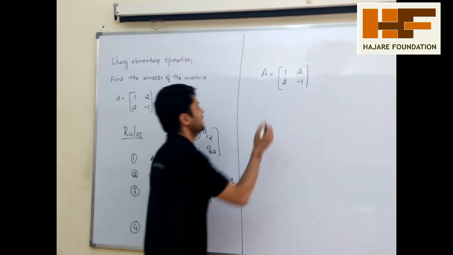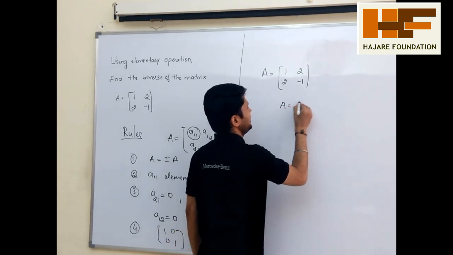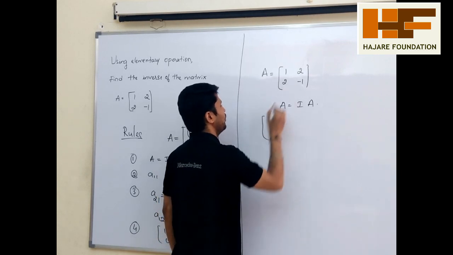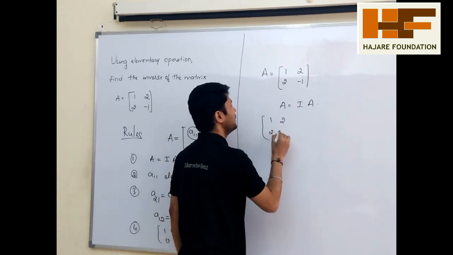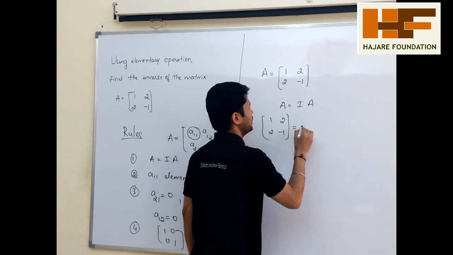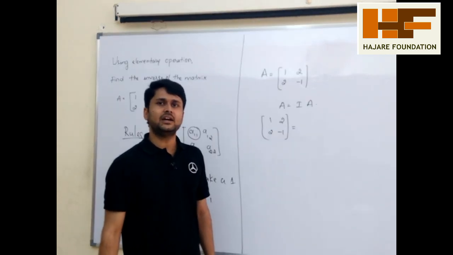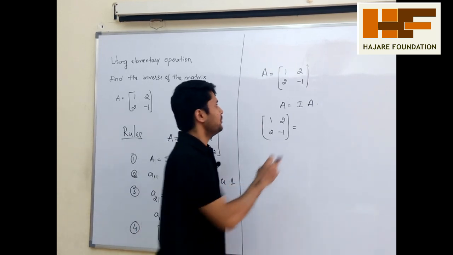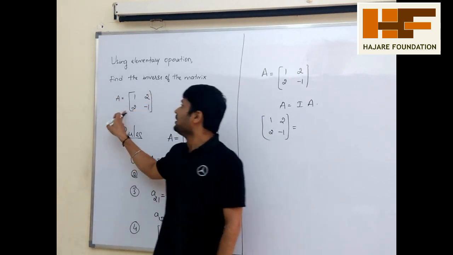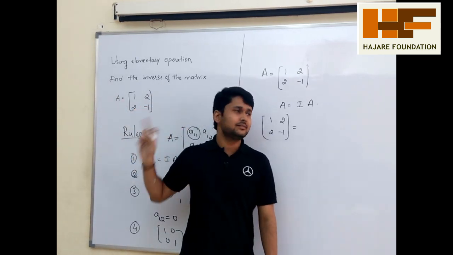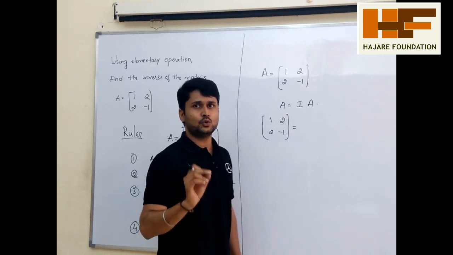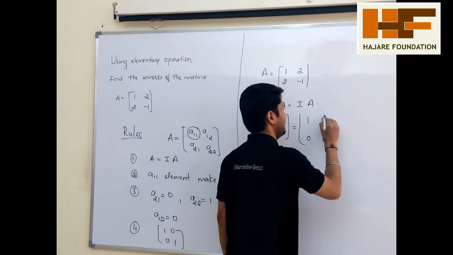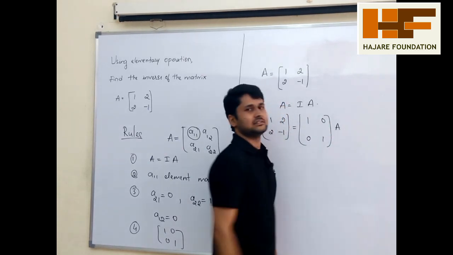First we have to write A is equal to I into A. The given matrix A is 1, 2, 2, minus 1, equal to, and what is the I matrix we consider here? We consider the identity matrix of order 2 by 2, because in the given example A is a 2 by 2 order matrix. That's why I am considering I as a 2 by 2 matrix: 1, 0, 0, 1. Write A as it is.